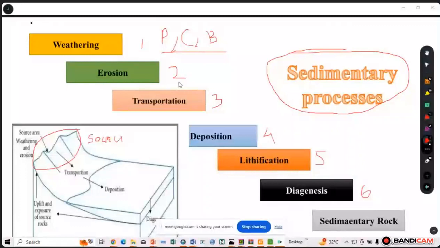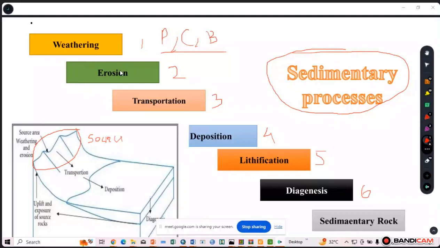In the weathering process, three processes are involved: physical, chemical, and biological. In these processes, rocks break down. After the rocks break down, they start transportation. The process between weathering and transportation is known as erosion.